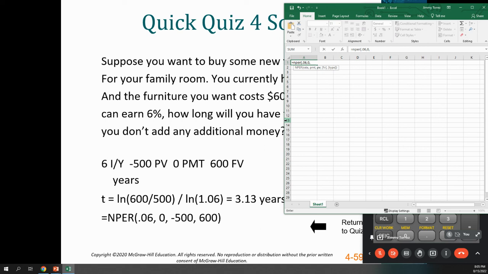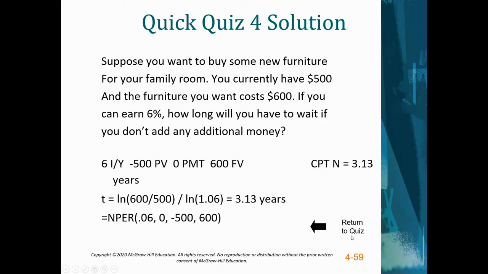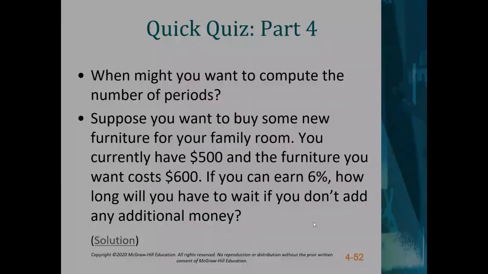The present value is 500, and of course that has to be negative. The future value is 600, which will be positive. The type default is 0, and I hit enter, and I get 3.1289, or rounding up to 3.3. Okay, return to the quiz.